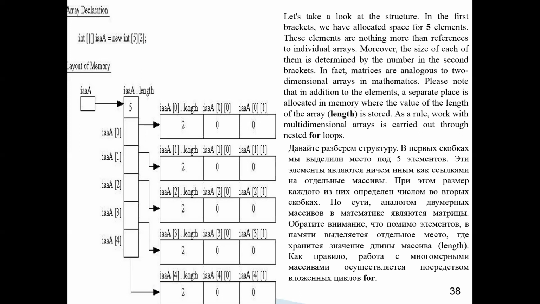In fact, matrices are an analog of two-dimensional arrays in mathematics. Please note that in addition to the elements, a separate place is allocated in memory where the value of the length of the array is stored. As a rule, work with multidimensional arrays is carried out through nested for loops.